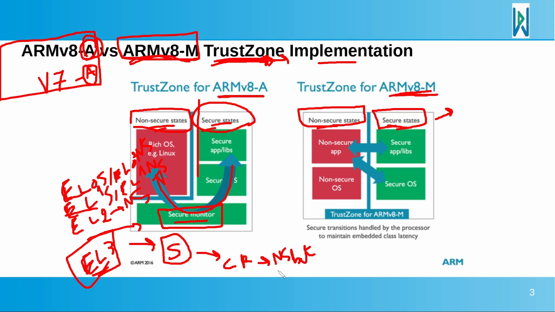and in this control register we'll have a magic bit, this non-secure bit. If this bit is set to 1, then the CPU will execute in non-secure. And if it is cleared to 0, then the CPU will be running in secure. This state transition will not impact exception level 3; this one is always fixed to secure.